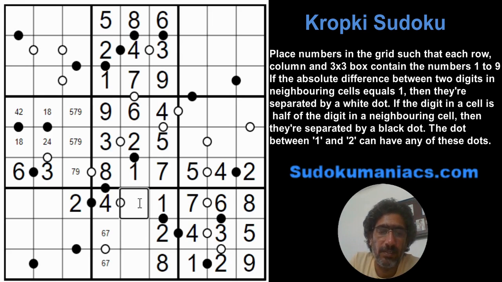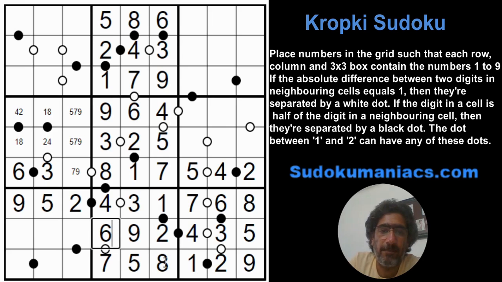So with this will be a 3, 5, this will be a 3, 5, this becomes a 9. 3 cannot be here, so that's a 5, 9. I can't have a 3 beside the 6, neither can I have a 5 because there's no white or a black dot. So this has to be a 9, 5, 3, 5, which makes this 7 and a 6.